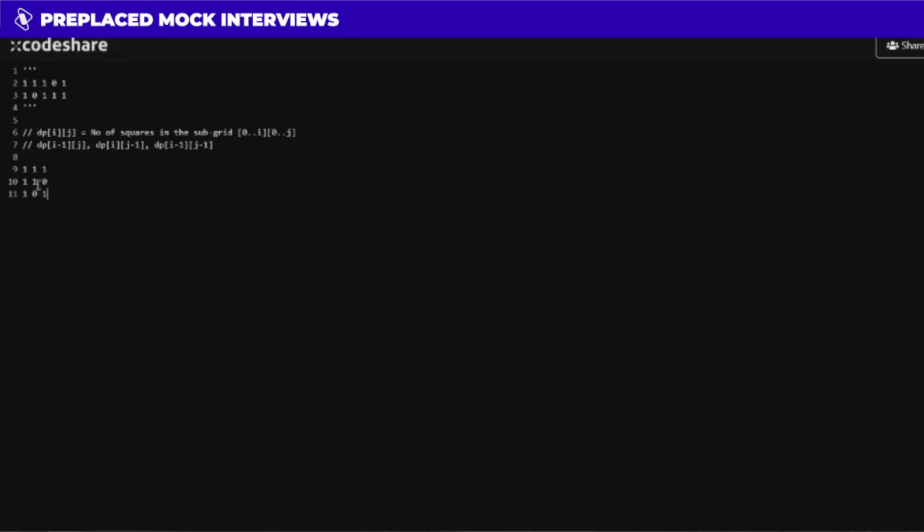If I have the answer to dp of 1 and 1 and all others except dp of 2 and 2, then while finding dp of 2 and 2, I'll check the second column and the second row as well to see if I can extend them. So you will check the entire row or column there.